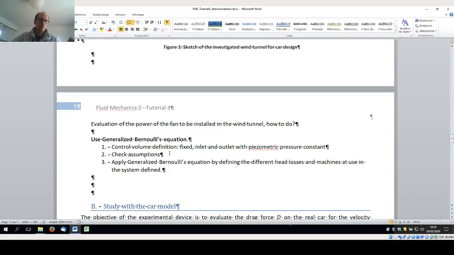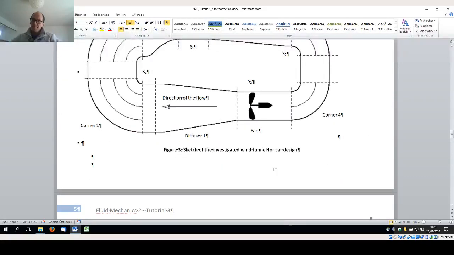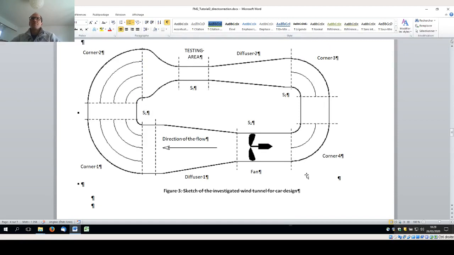I'm waiting for some proposal about what kind of control volume I can use in this particular configuration. For the control volume, you have one inlet, one outlet, and you try to relate what's happening in inlet and outlet with some property.